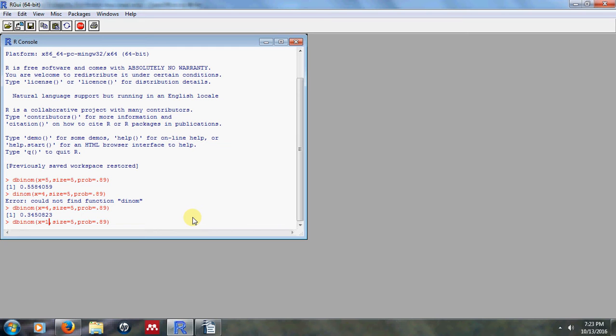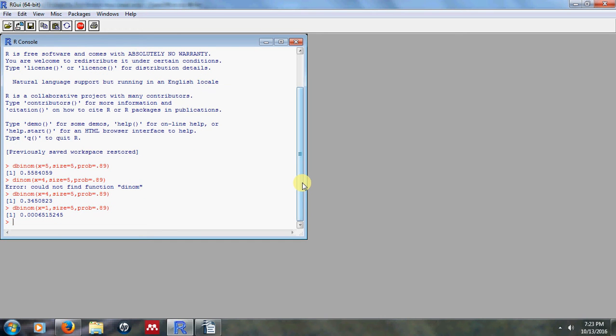So what's the probability that only 1 person will believe in God? And when we run that, it's a very small number. It's about 6 or 7 out of 10,000 chance. So it's highly unlikely that in a sample size of 5, only one will believe in God.